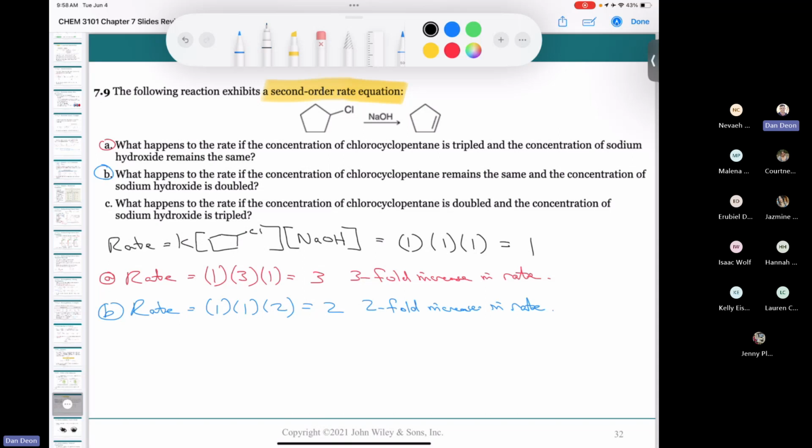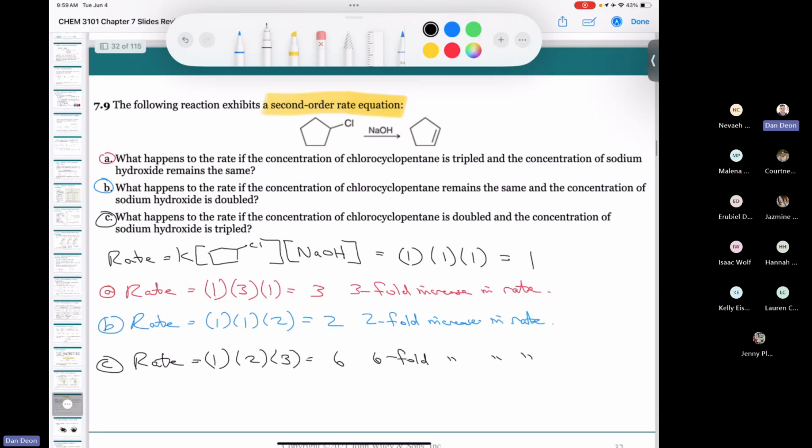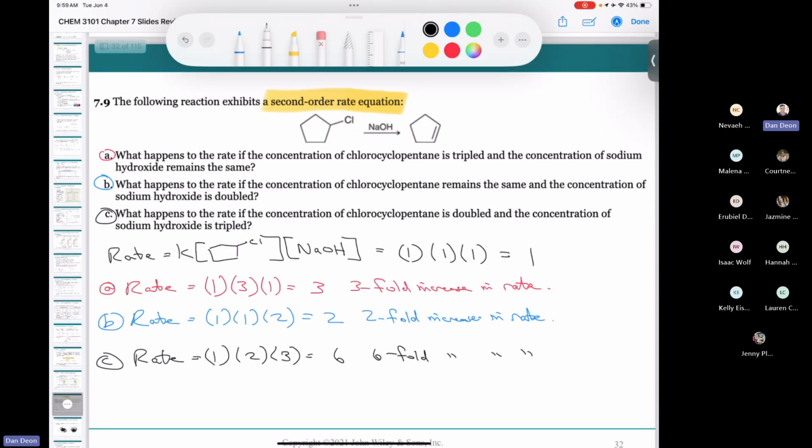And then in the last one, in C, it says what happens to the rate when the concentration of chlorocyclopentane is doubled and sodium hydroxide is tripled. You'd have rate is equal to 1 times 2 times 3. That's going to give you 6. So that would be a 6-fold increase in rate. All right. So again, second order. It means it's going to be first order with respect to the substrate and first order with respect to the base. Okay. So there we go.